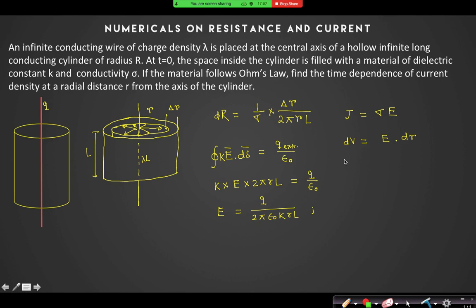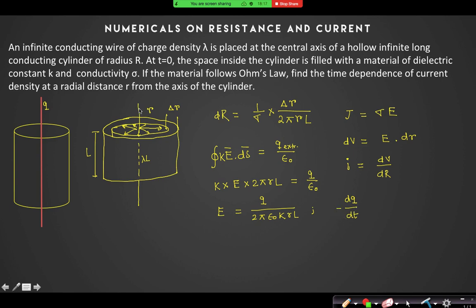So what I can find is that the current inside that part is equal to dV by dr, right? And current is nothing but dq by dt.